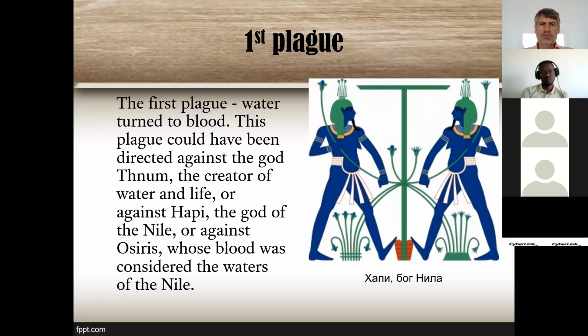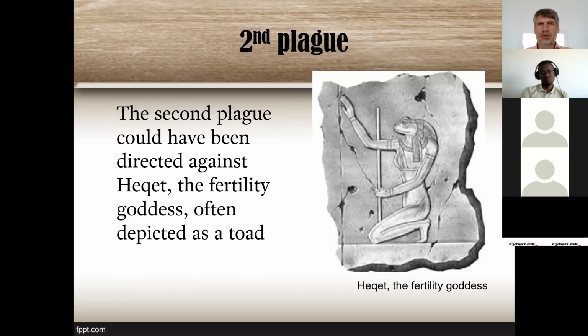Just for example, the first plague, when water was turned to blood, could be presented as a plague directed against the god Khnum, the creator of water and life, or against Hapi, the god of the Nile, or against Osiris, and most probably against Osiris, because the water of the Nile was considered to be the blood of this god.